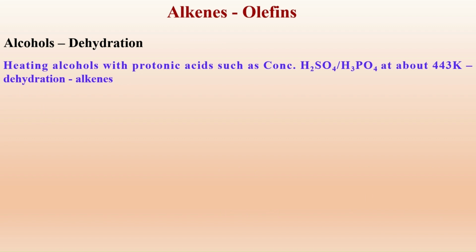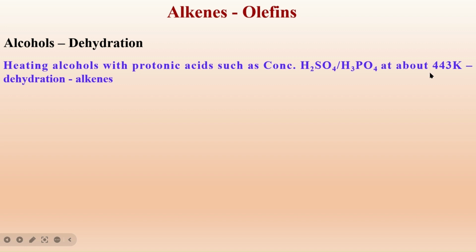As we use a strong dehydrating agent like concentrated sulfuric acid or concentrated orthophosphoric acid and heat strongly at 443 Kelvin, we get the alkene, the dehydrated product of alcohol. As the name says, dehydration is removal of water, by using concentrated sulfuric acid or orthophosphoric acid and heating at very high temperatures.